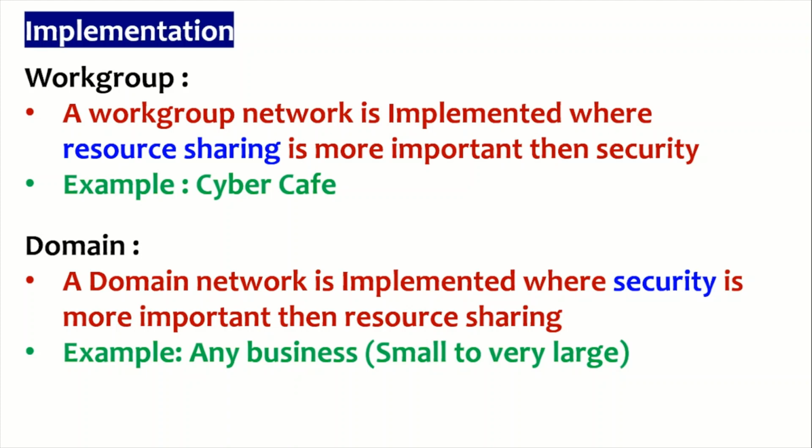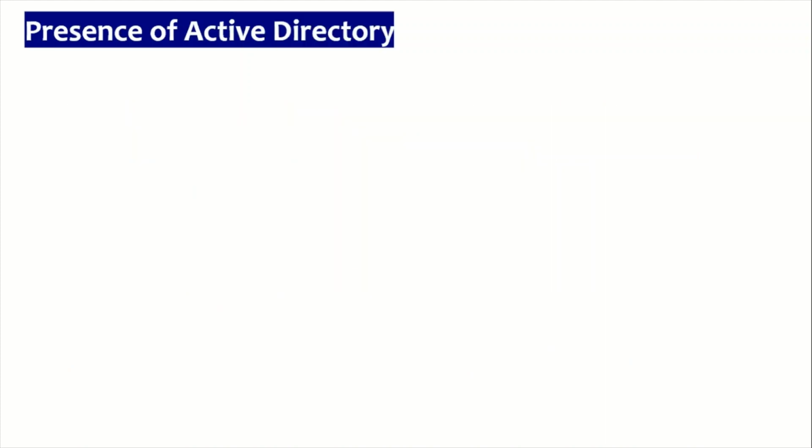Most businesses implement a domain network because they are more concerned about security than resource sharing. There will be resource sharing in a domain network, but more preference is given to security than resource sharing.